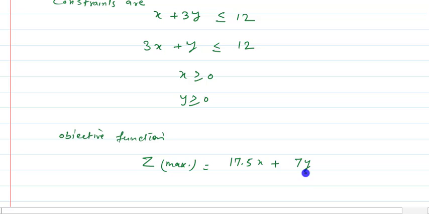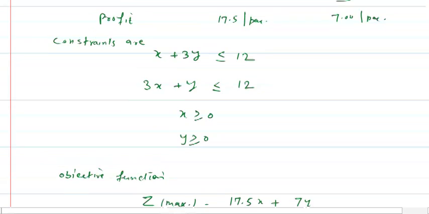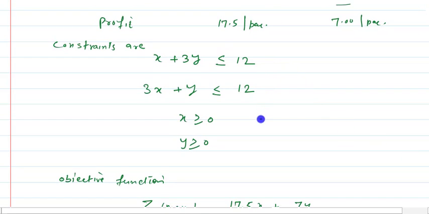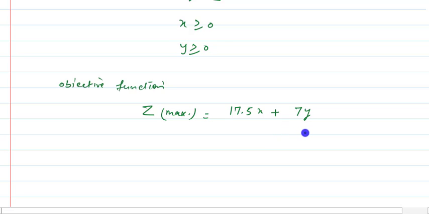So this is the Z maximize. Now by solving these 4 constraints graphically and obtaining the values of x and y, and by putting these values in Z, we can find out the maximum profit, that is how many packets of nuts and bolts should be manufactured so that the manufacturer can earn maximum profit.